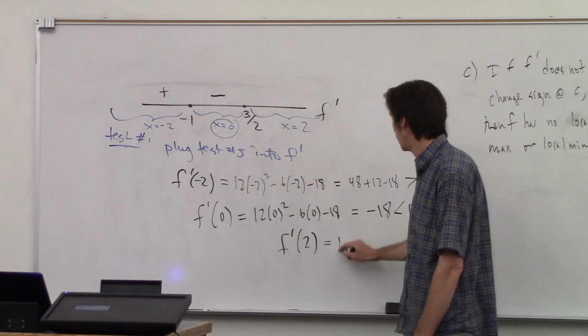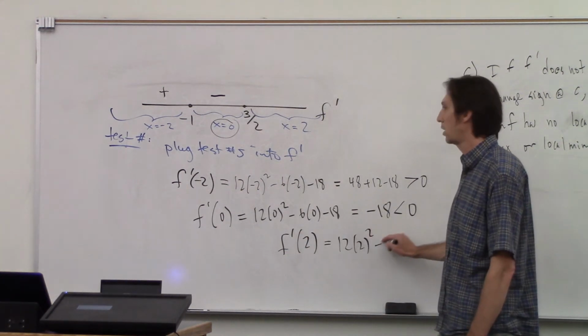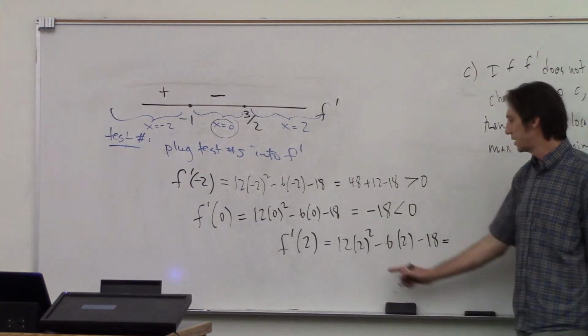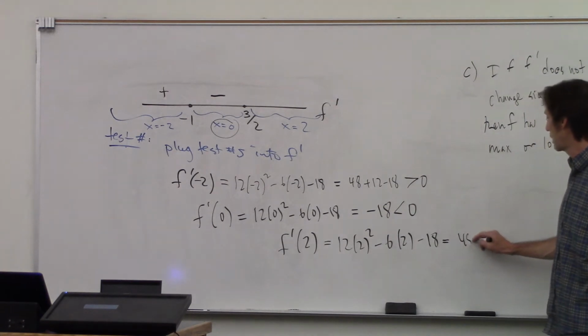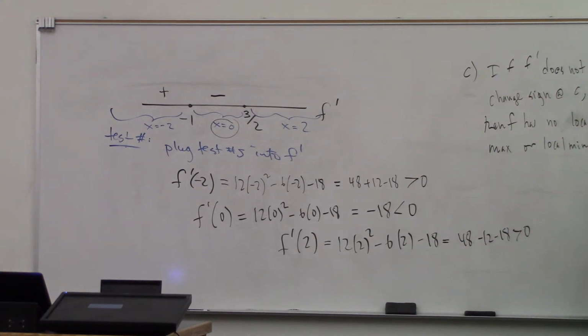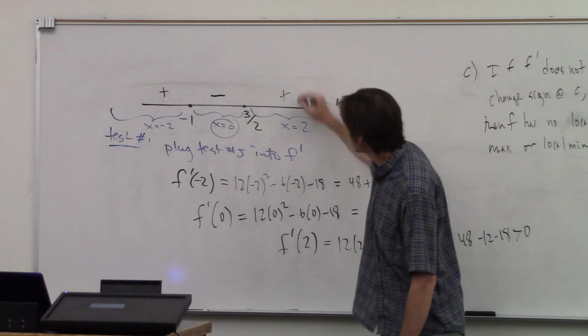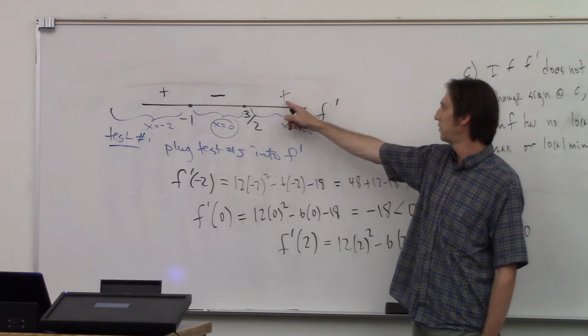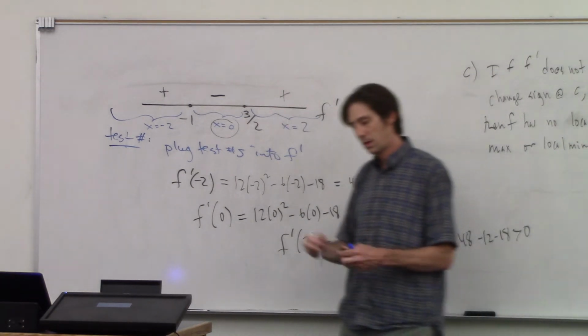F prime of 2 equals 12 times 2 squared minus 6 times 2 minus 18. This is 12 times 4, so that's 48 again, minus 12, minus 18, and it's still positive. In other words, from 3/2 to infinity, the derivative f prime is positive.